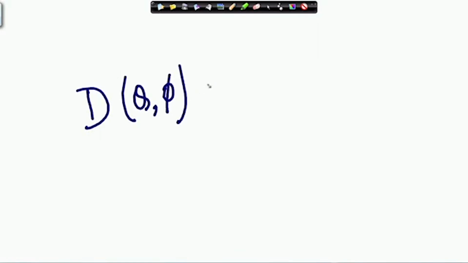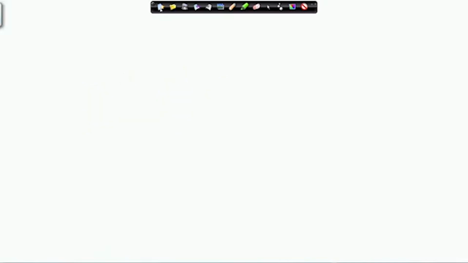Then let us come to the concept of directivity of any general antenna. So, directivity function is defined as, before that I need to think already.